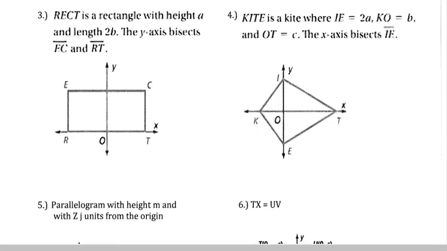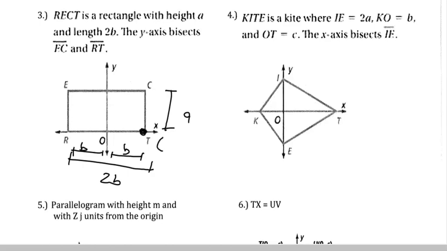On this one right here, it says it has a height of A and a length of 2B. Means that's B. That's B. So what's this location? How much did we go over by? B. How much did I go up or down by? Nothing. How about this one?